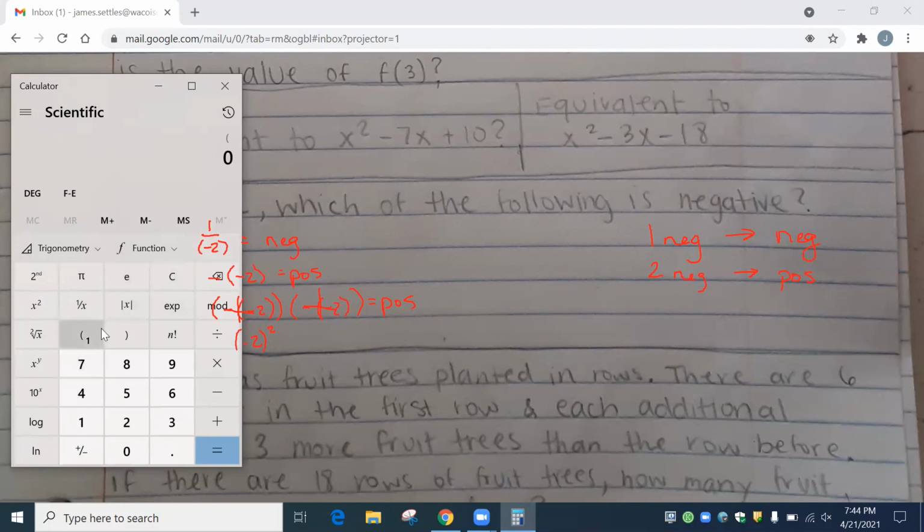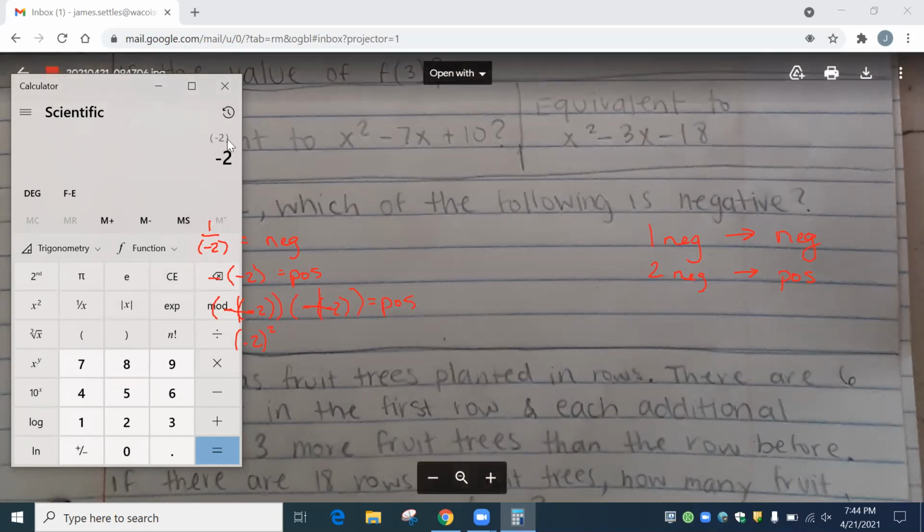So parentheses, 2 negative, close parentheses. Okay, so you see that right there, parentheses. I got my -2. Okay, close parentheses, and I square it. It gives me a +4. Okay, so when you square this, it gives me a +4.